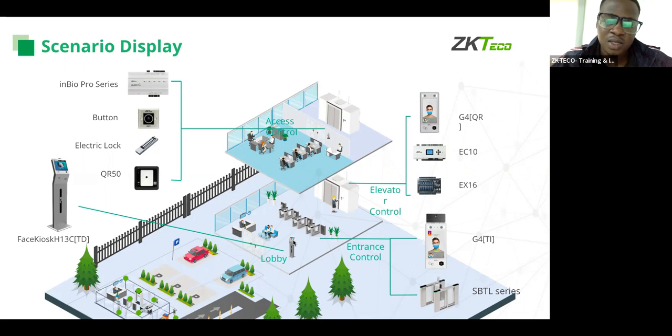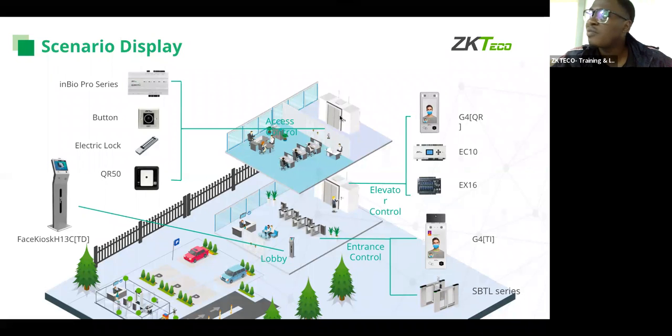The FaceKiosk authenticates their face, either facially or by thumbprint. When it authenticates, it matches it with the biosecurity system and sends their information to every device that is implemented in that particular organization.